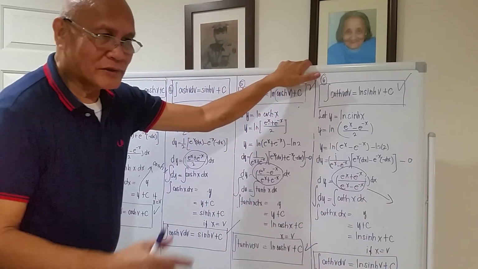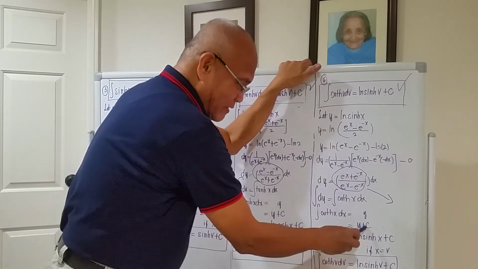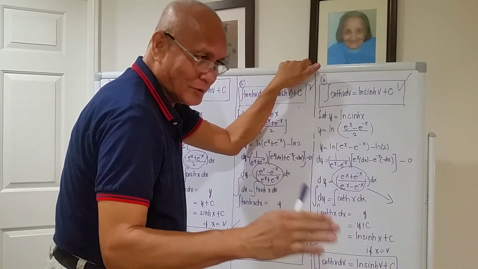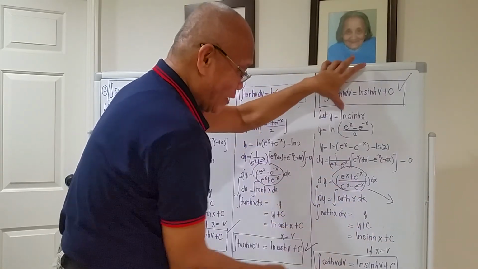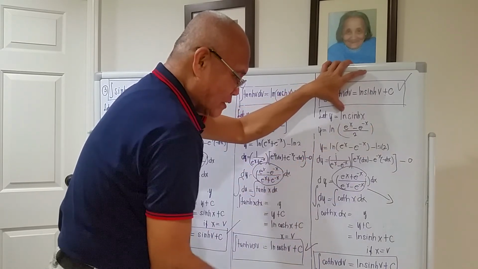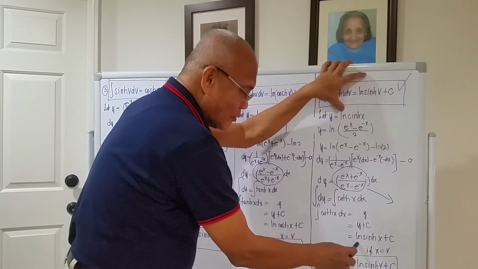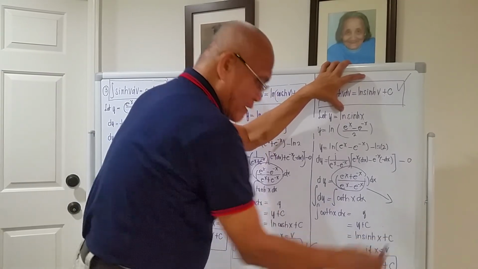Right? So the right hand side will just be simply y plus c. Plus c, it's indefinite integral. We do not know yet the value of c. But what is y? Y is natural logarithm of hyperbolic sine of x. So the right hand side will be natural logarithm of hyperbolic sine of x plus c.